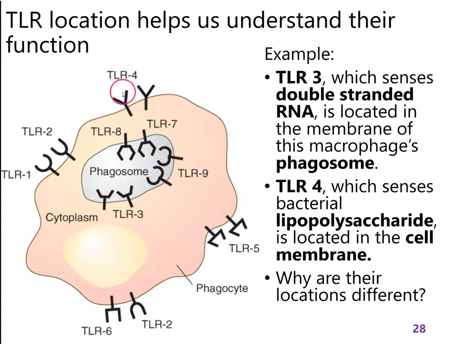So TLR4 senses lipopolysaccharide, and so it's facing out of the cell. So it's going to detect lipopolysaccharide outside this cell. But TLR3 is looking at double-stranded RNA. So it's only going to see things that are inside the phagosome.